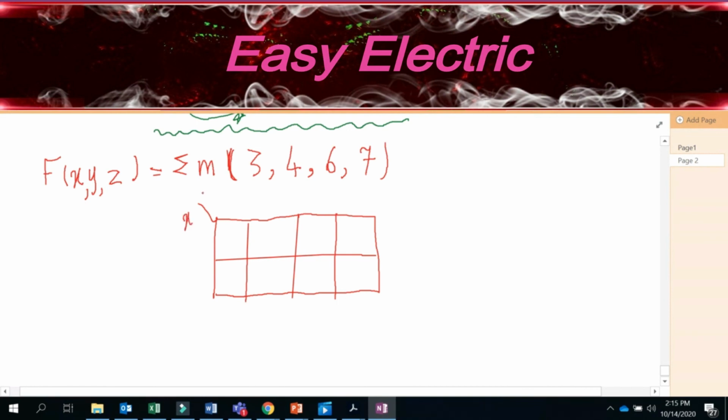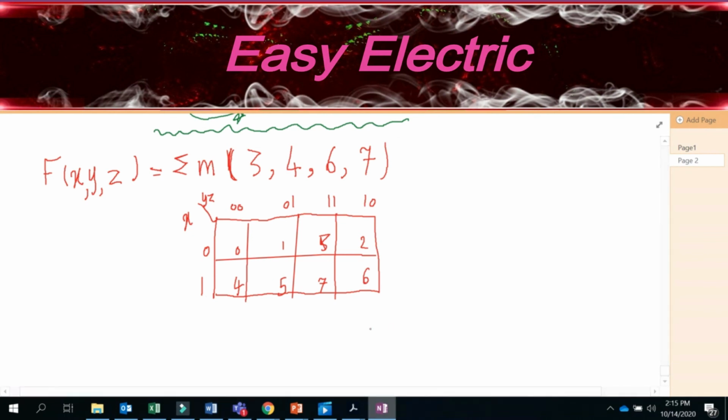This is x, you put y, z: 0, 0, 0, 1, 1, 1, 1, 0. So here is minterm 0, here is minterm 1, minterm 3, minterm 2, minterm 4, minterm 5, minterm 7, and minterm 6.